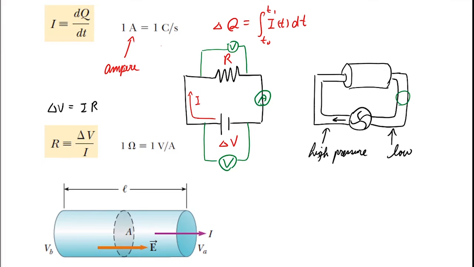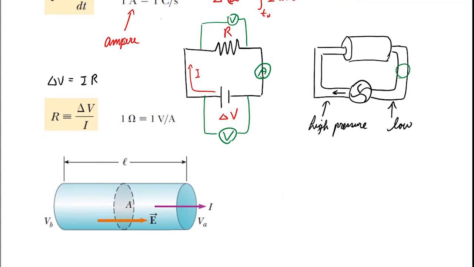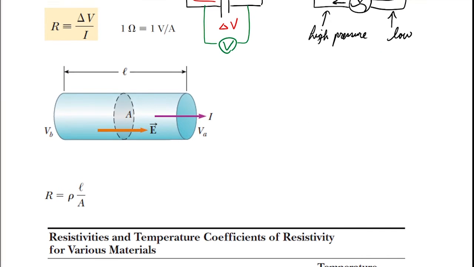So physically, what does this resistance depend on? Think of it as a water filter again. If it's wider, then more water will go through. If it's longer, it'll be harder for the current to go through. So the resistance is proportional to the length of the resistor, with some constant of proportionality, but inversely proportional to the cross section.